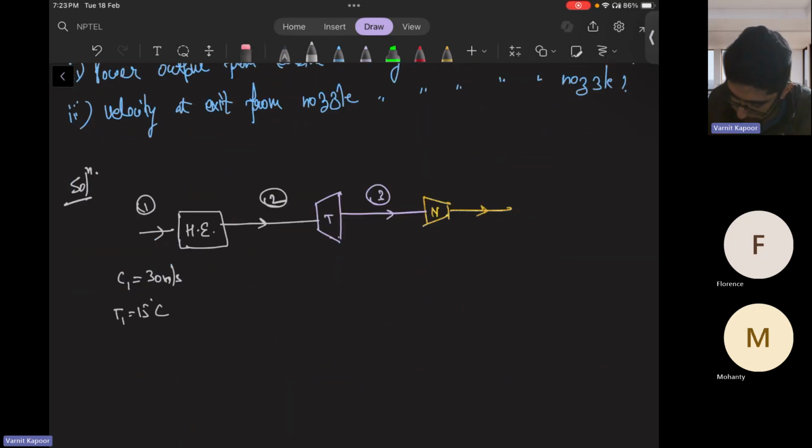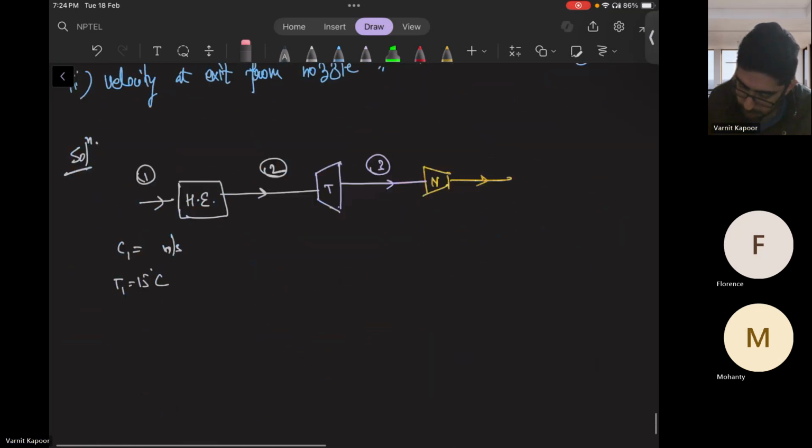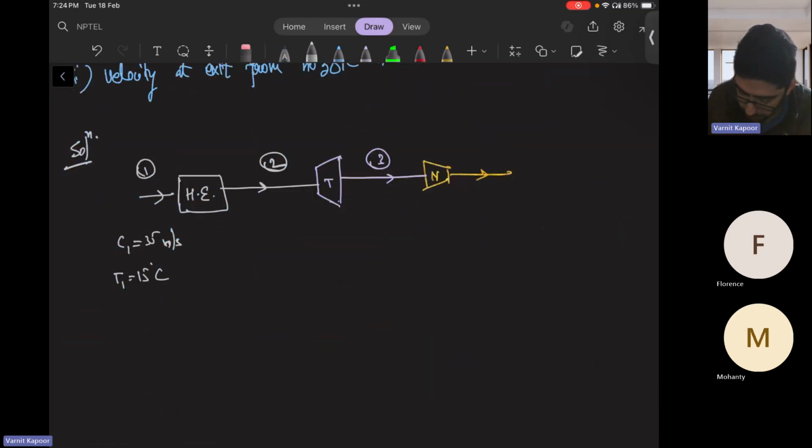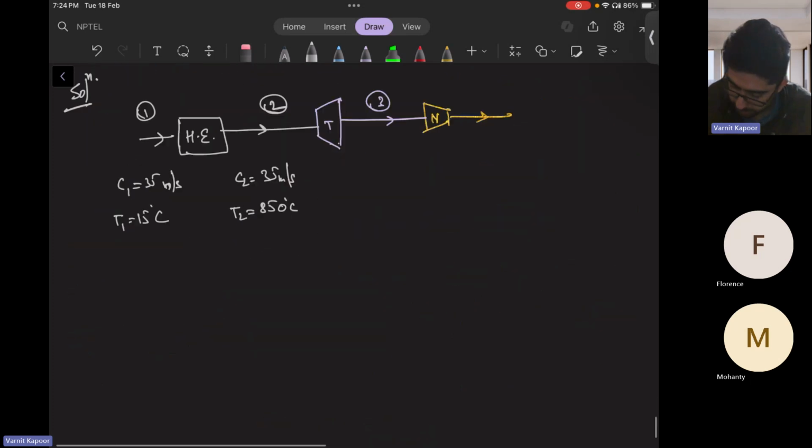So at T2, temperature is 850 degrees Celsius and speed remains the same, so C2 is again 35 meters per second. It enters the turbine with the same velocity, 35 meters per second, and expands until temperature falls to 600 degrees Celsius.